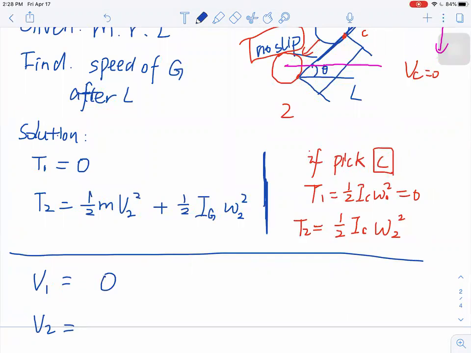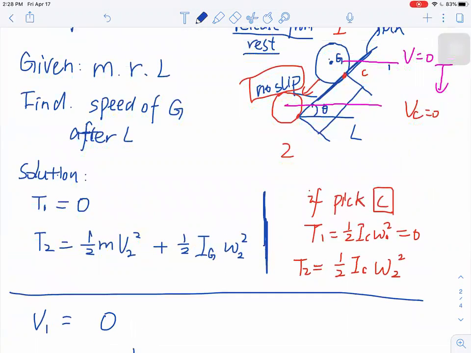So V1 is 0. At position 2, V2 is going to be mgh2, which is negative, where this is h2.